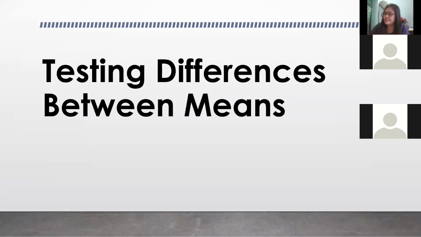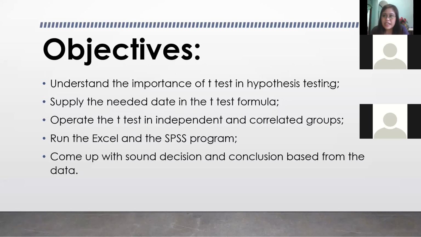Okay. So, let's talk about testing differences between means. Though we already started with the z-test, z-tests are not really that used in statistics, especially in research. So, in this chapter, we will understand the importance of the t-test in hypothesis testing.